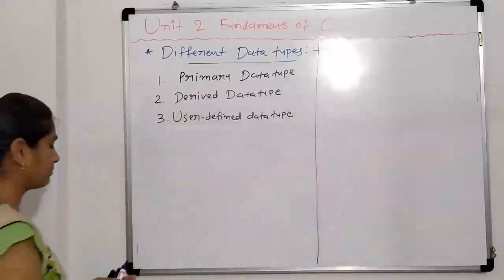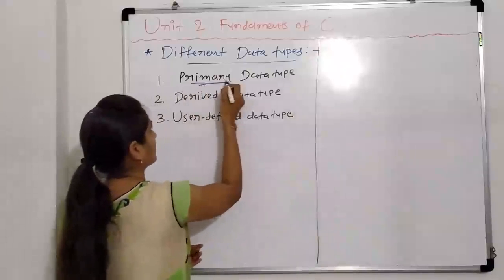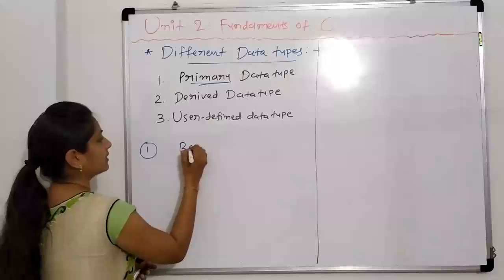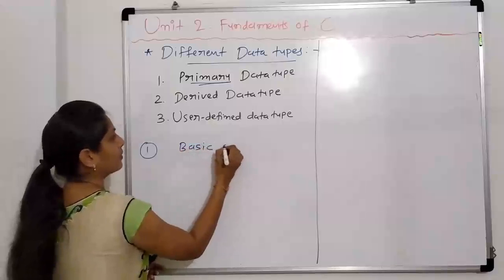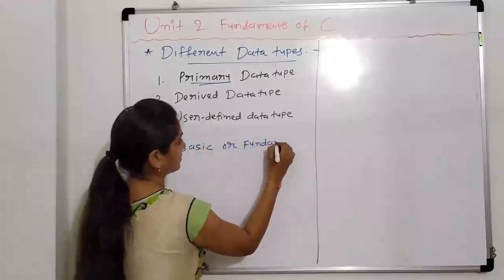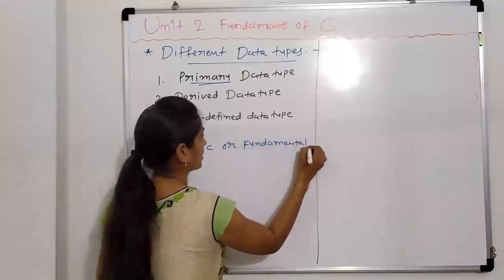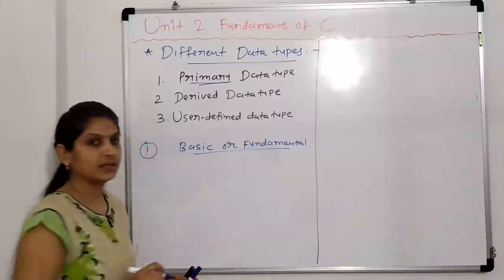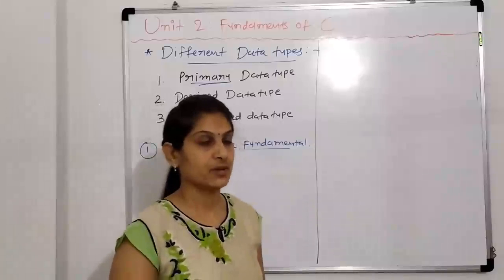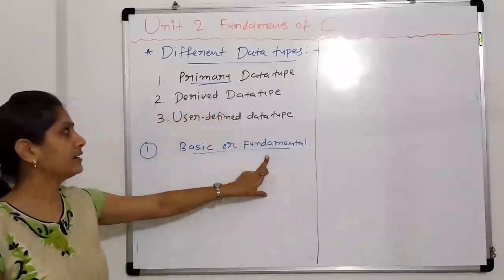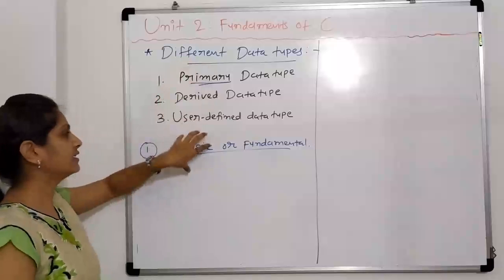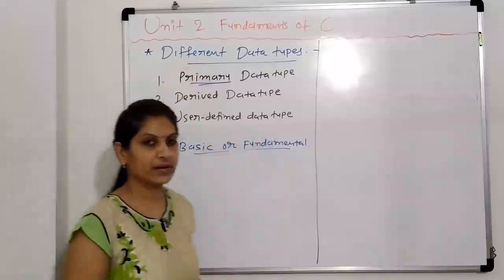Now let us start with the primary data type. The second name of primary data type is, we can say, basic data type or fundamental data type. If you are given a question like that in GTU, explain fundamental data types, then you have to write about only the first category, that is primary, or we can say basic or fundamental.